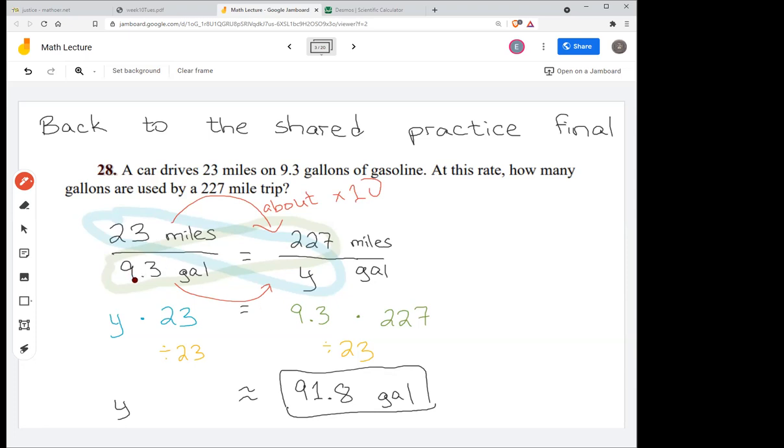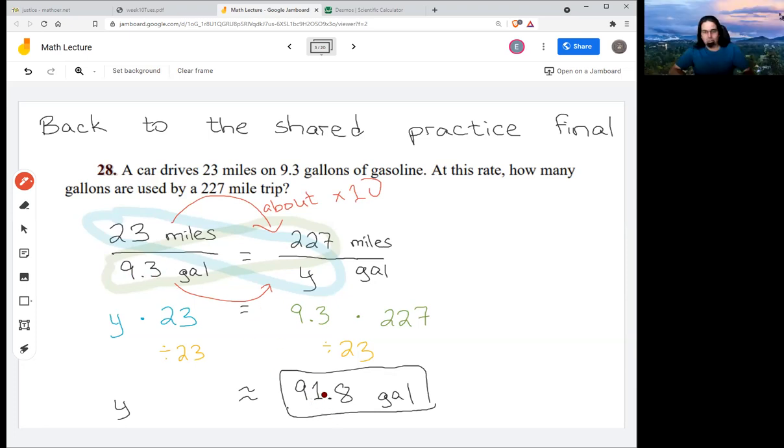Yeah, 9.3 to 91.8. It's 9-ish to 90-ish. That's about times 10 also. So it looks like it's about times 10, scaling both ways. So that gives me some confidence that I didn't hit something funny on the calculator, make a careless mistake. This seems like a good answer.